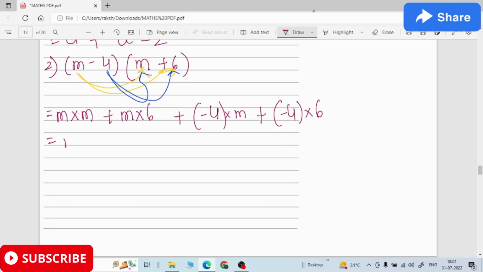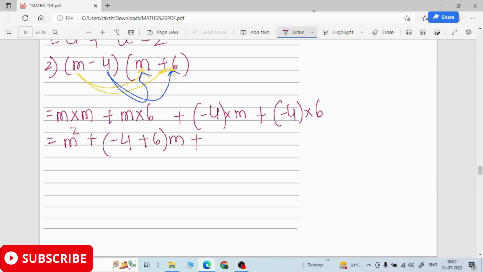So m square, and m is common, so we write minus 4 plus 6, that is 2, so 2m, and minus 4 times 6, that is minus 24.